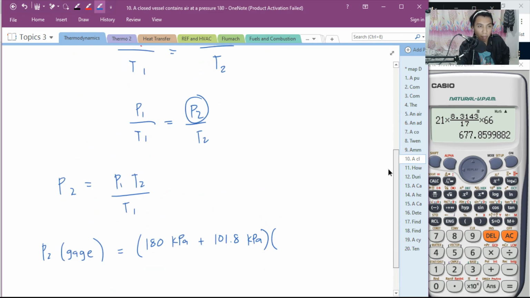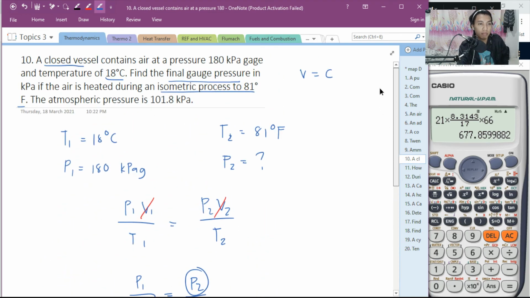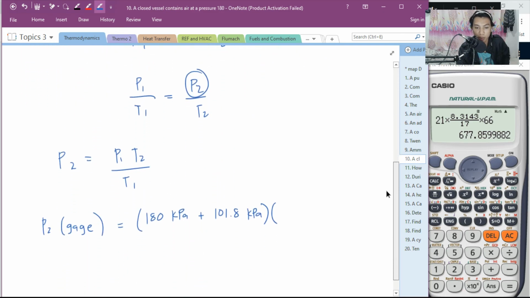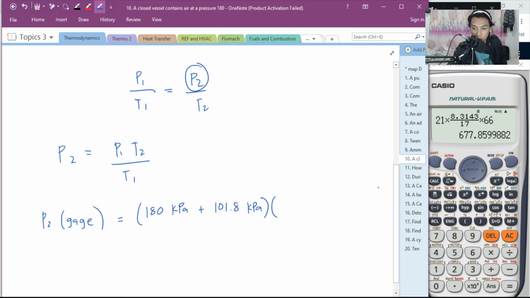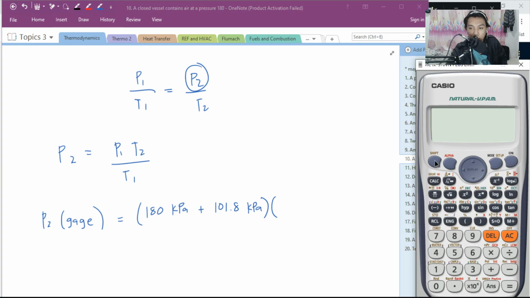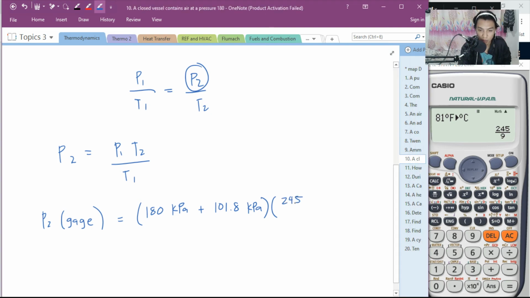Convert ko na agad to degrees Celsius. Shift convert 37, degrees Fahrenheit to Celsius, 81. That is 245 divided by 9, plus 273 degree Kelvin.